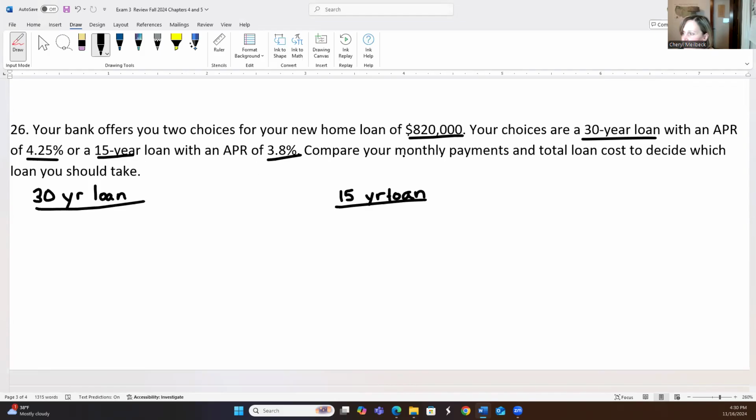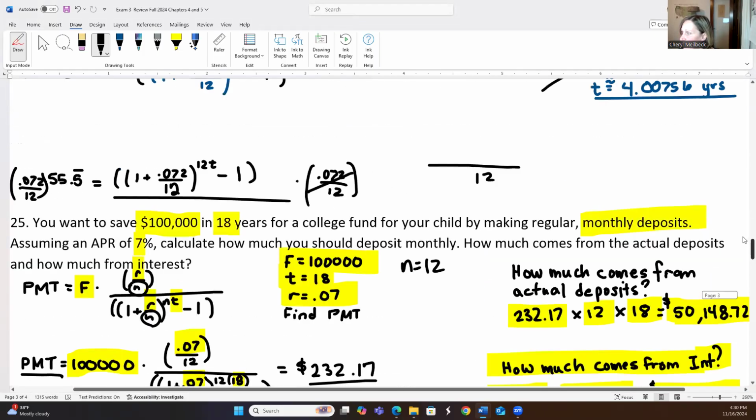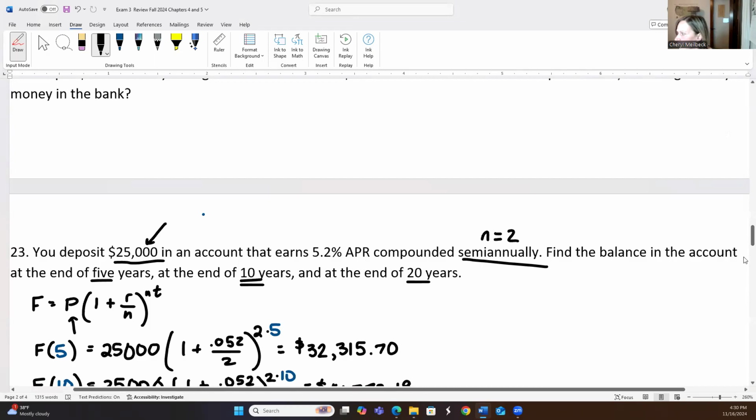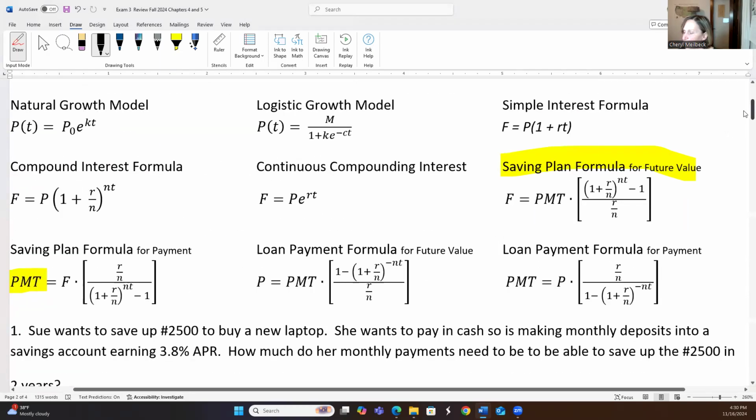It wants you to compare your monthly payments, which means that's what you're going to be looking for, and the total cost of the loan and which loan you should decide to take. So if we go back up here, we're going to be looking at a loan formula. So that means we'll be looking at this formula here.